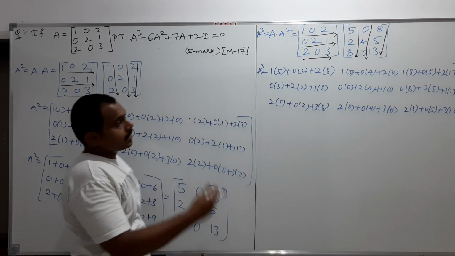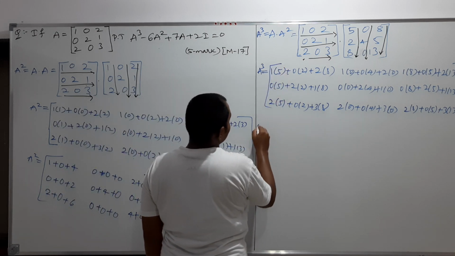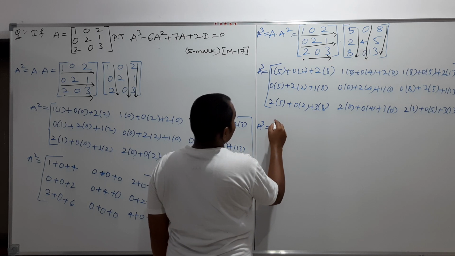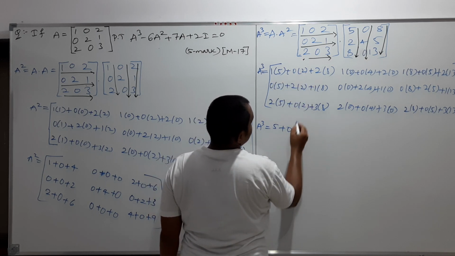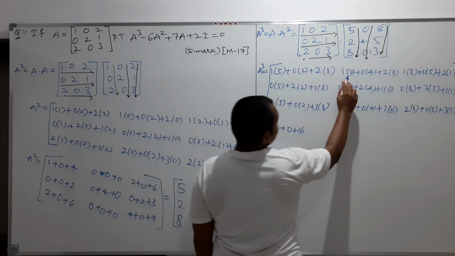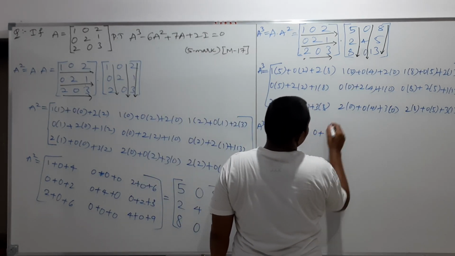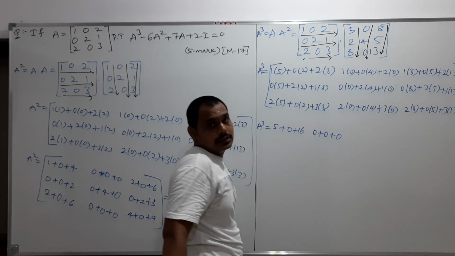Now, my dear students, you can simplify this further. If you simplify this, A cube is equal to 5 into 1 is 5 plus 0 into 2 is 0 plus 8 2s are 16. Next, 0 into 1 is 0 plus 0 into 4 is 0 plus 2 into 0 is 0.